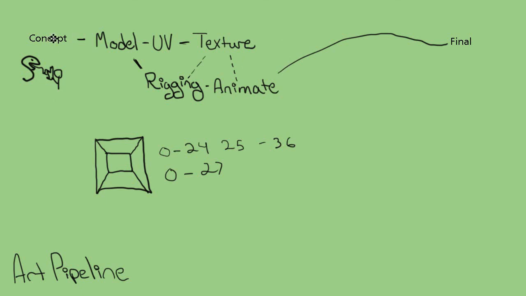And just remember, let's see. No, I think I pretty much said everything. We've got models, UV, texture, rigging, animation, concept, and then the magical final leap to final, which is usually an okay by a lead.